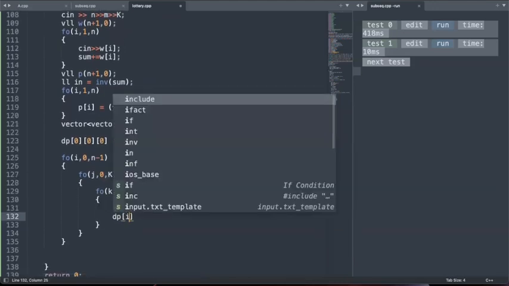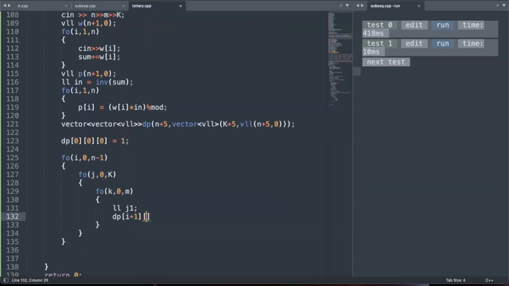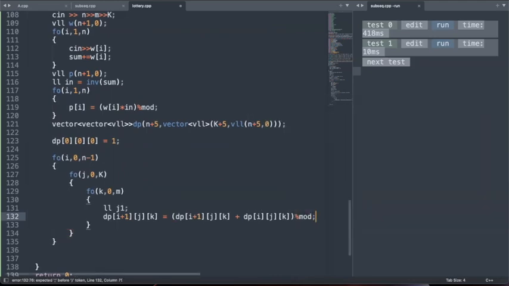So that is nothing but dp[i+1][j][k] plus equal to. Since I have to do it modulo something, I won't be able to write plus equal to here. So dp[i+1][j][k] plus dp[i][j][k] mod, right? So this takes care of the case when j1 is equal to 0.